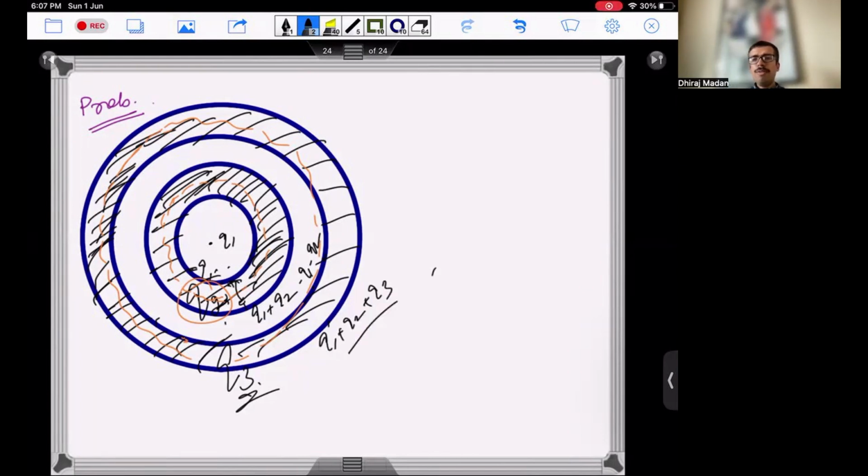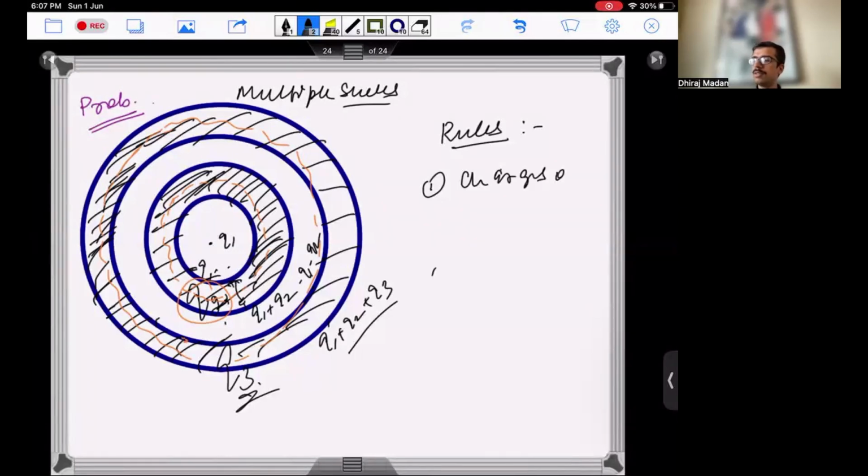Okay, so basically you can even extend this, let's say you have another outer shell which has a total charge of Q4, then what happens? Okay, in fact if you try that out, you're going to get a few rules. So firstly, we see that in case of multiple shells, the charges on opposite surfaces are equal and opposite.